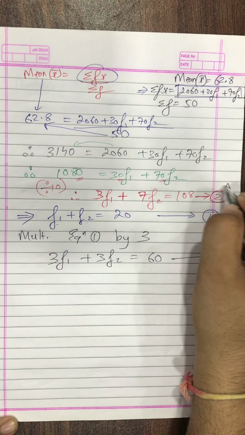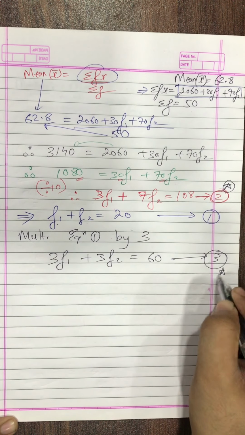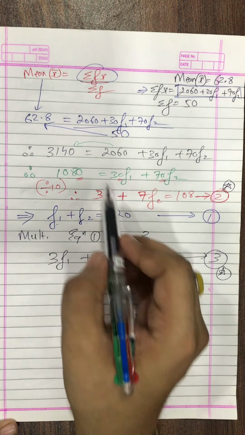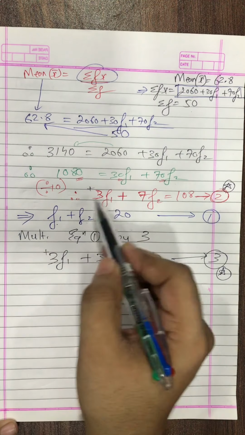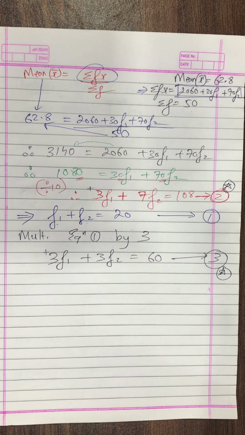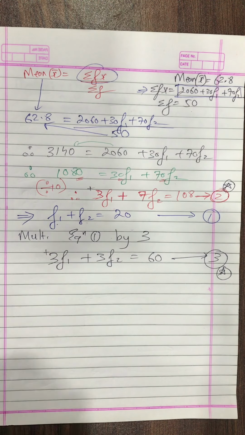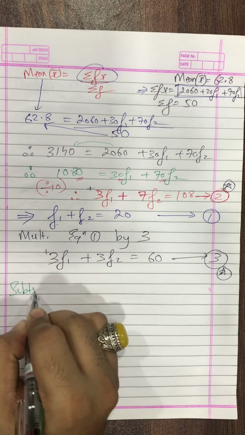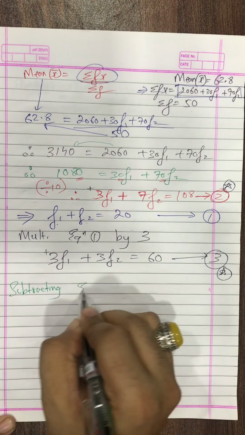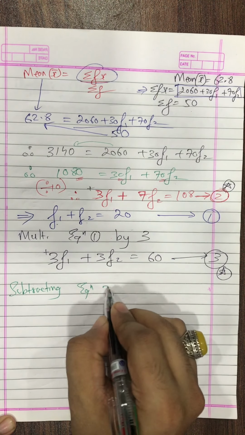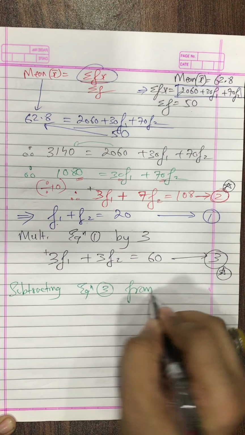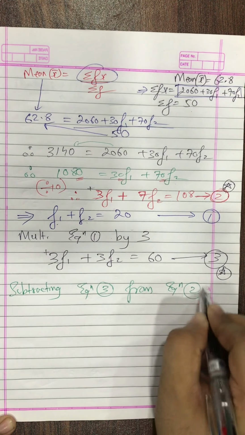So now I'll just look at equation number 2 and equation number 3. So 3f1, here it's plus, and here also it's plus, because signs are the same. I'll do the subtraction. So now I'll write, subtracting equation 3 from equation 2.